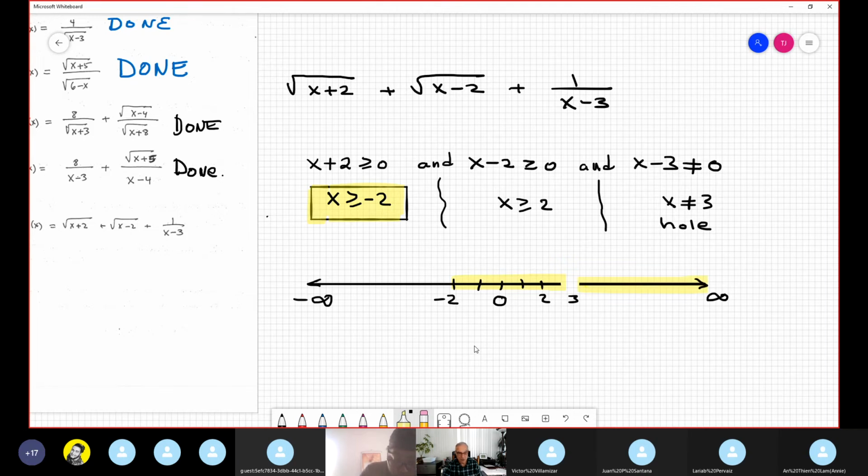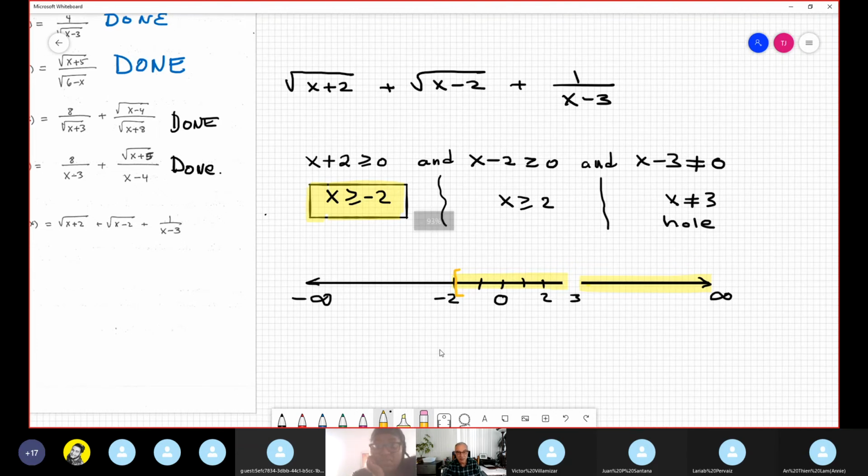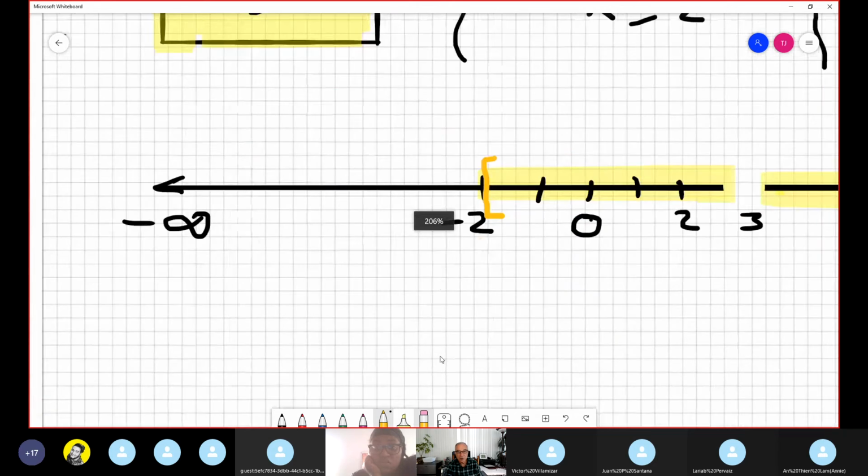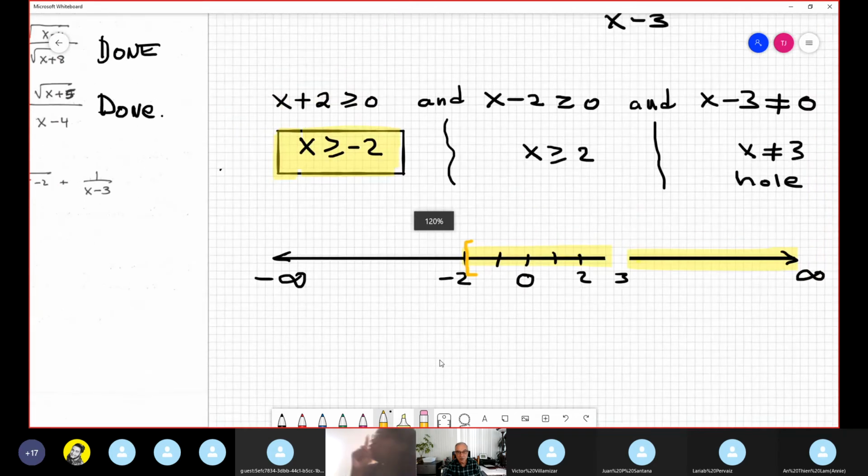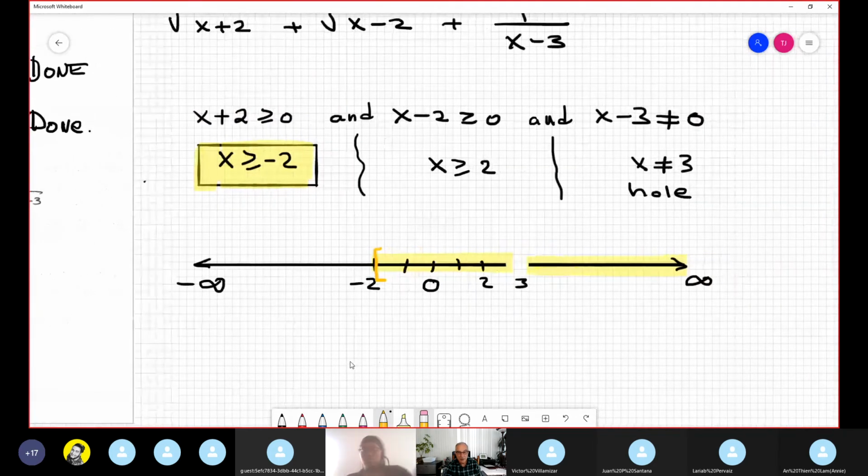This is a bracket, it's obvious because we have the equal sign here. Bracket for a moment, temporary.